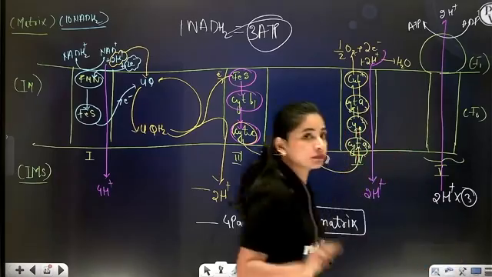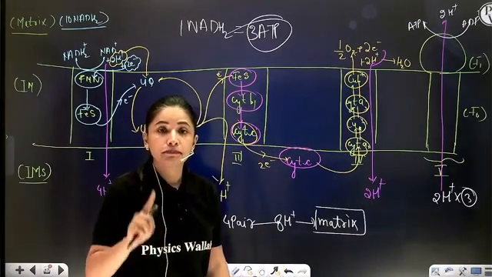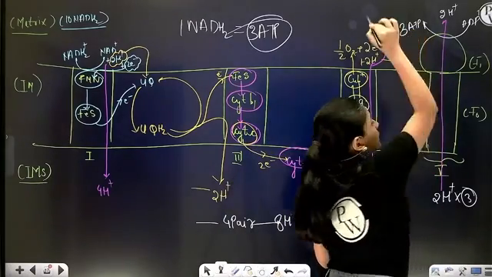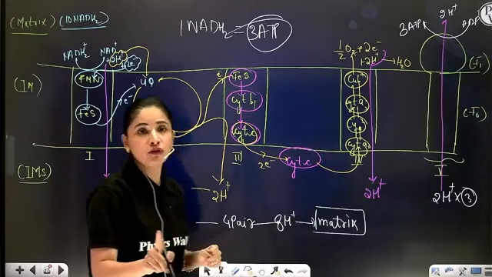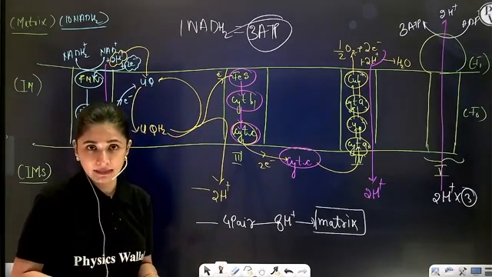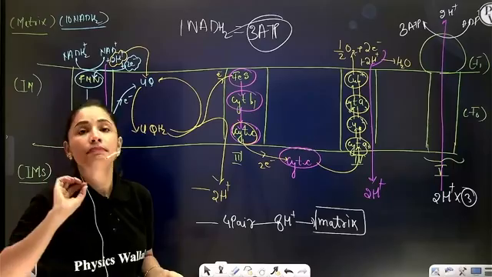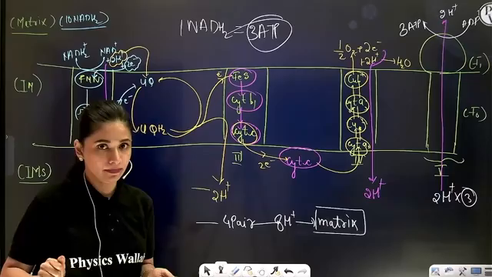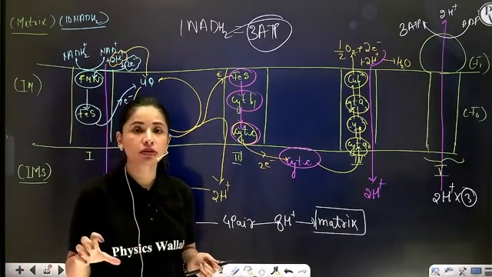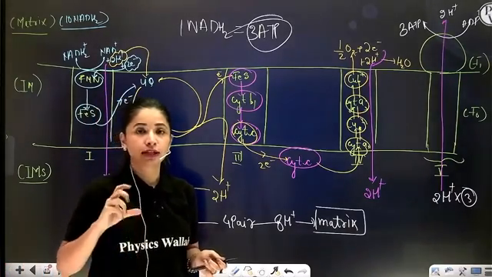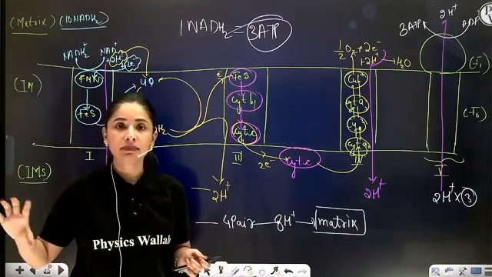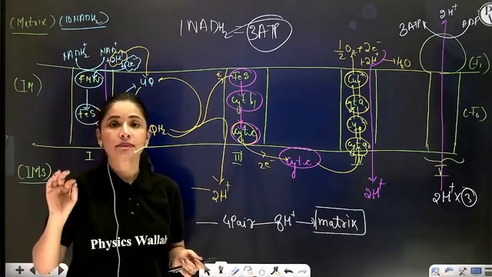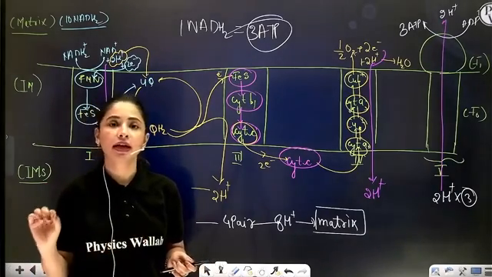3 pairs of protons pass through the enzyme producing 3 ATP. But 1 pair of protons does the cheating and passes through the membrane directly without the help of the enzyme. It uses certain chemicals present on the membrane called uncouplers. So it uses those chemicals on the membrane and passes as it is to the matrix, breaking the gradient but not generating energy.